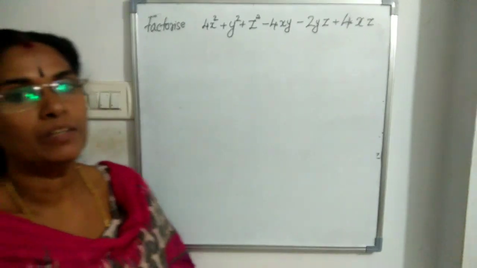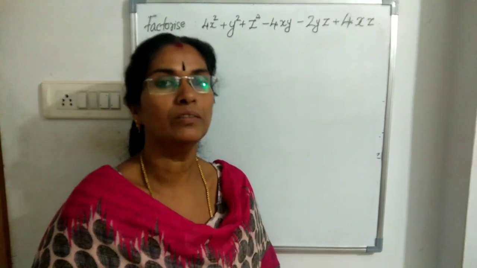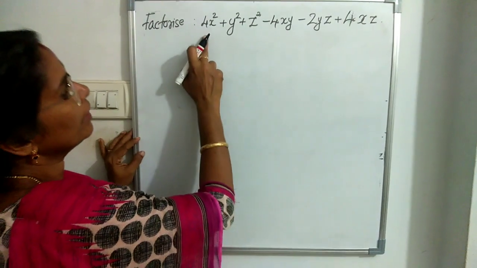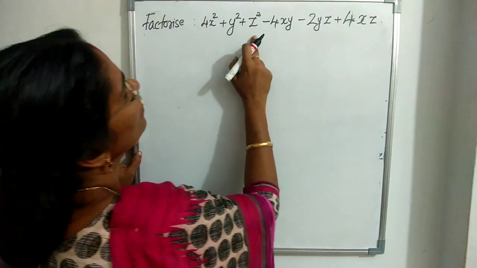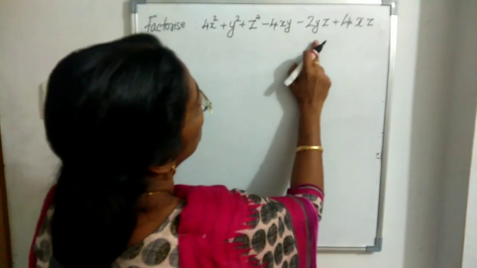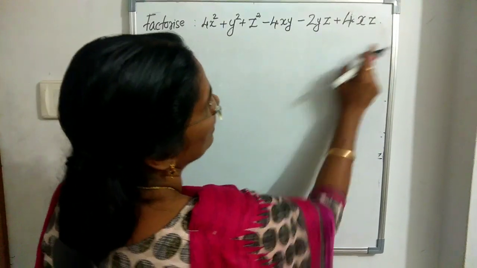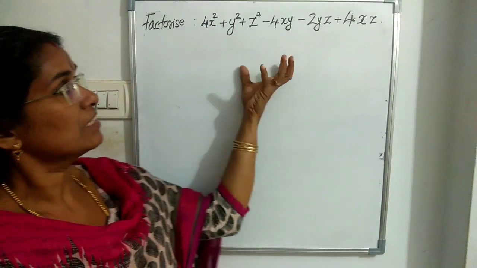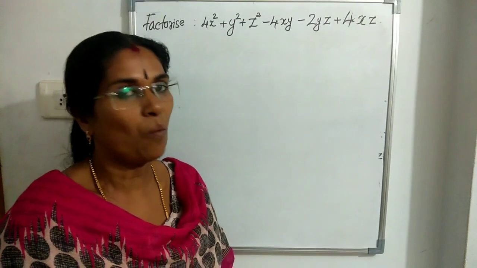The identity they will not mention. We have to find out which identity we want to use. Factorize 4x square plus y square plus z square minus 4xy minus 2yz plus 4xz. This is the question. We know this is a plus b plus c whole square form.